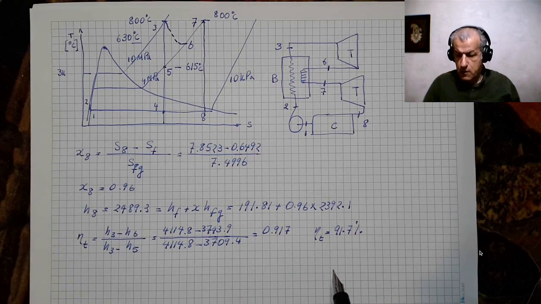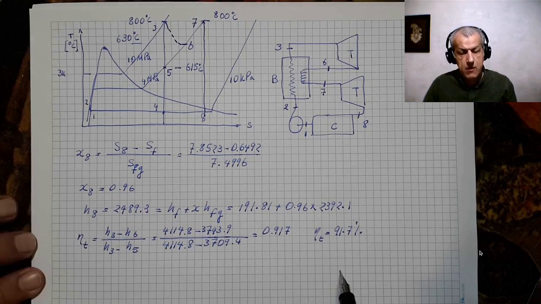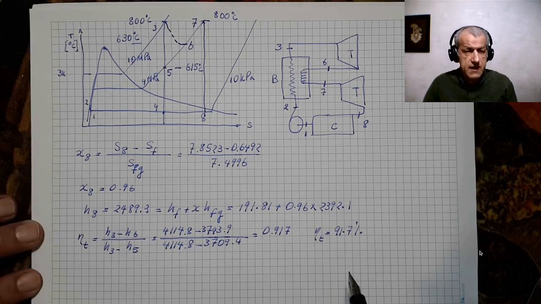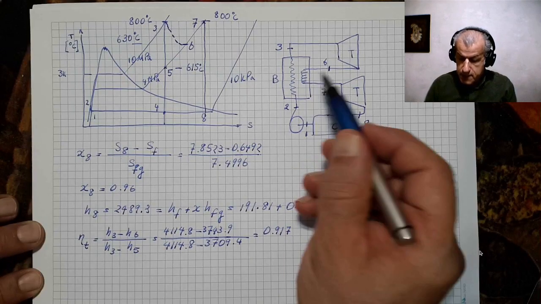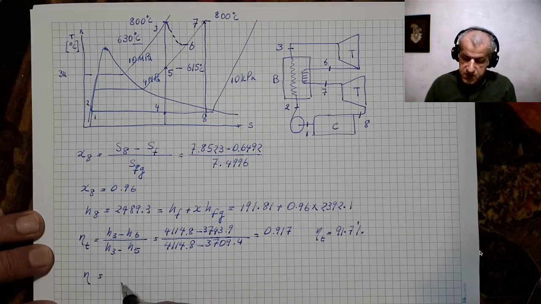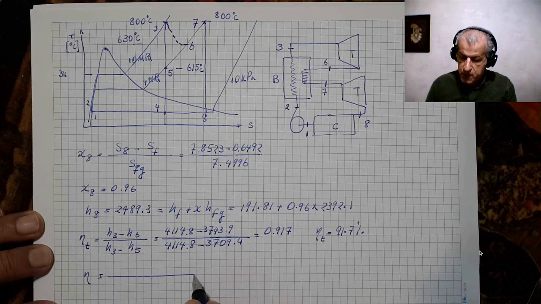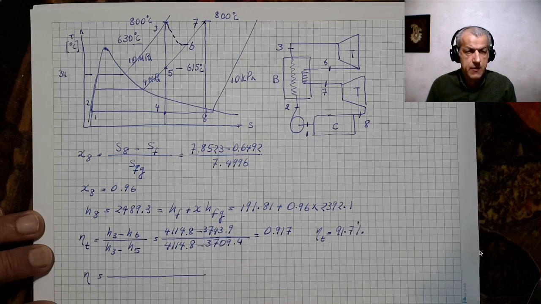Now, after this step, we have to calculate the cycle efficiency. For the new cycle, the reheat cycle, we have two heating processes and two turbines. So if we write the cycle efficiency, first, the numerator is what we have got, and there are two turbines.